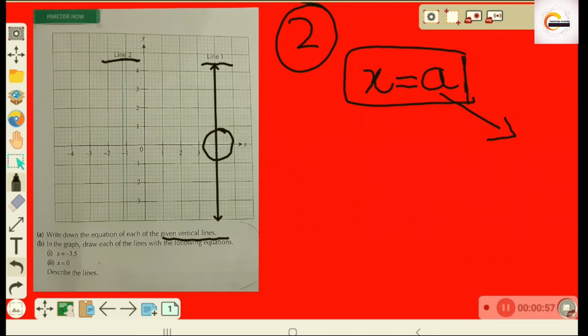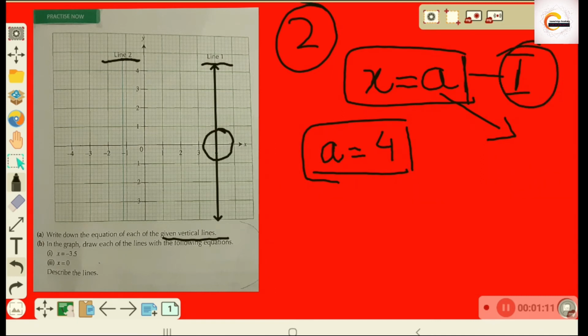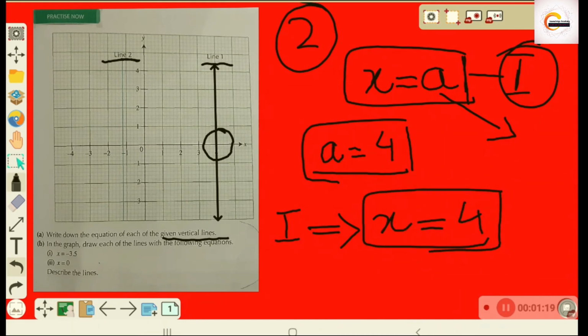So a equals 4, and by putting this value of a in our equation 1, we will get x equals 4. This is our required equation.